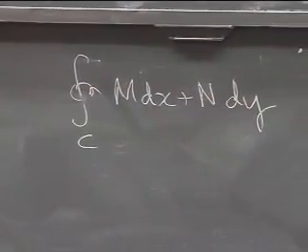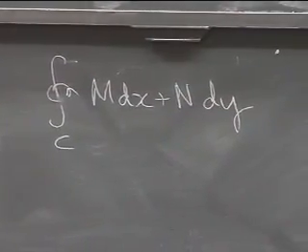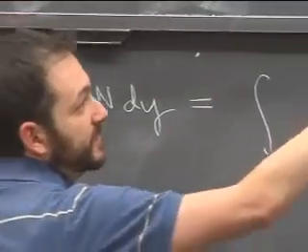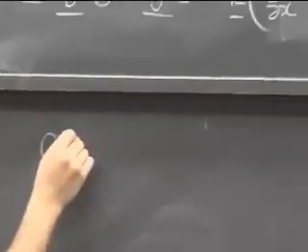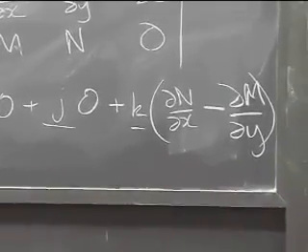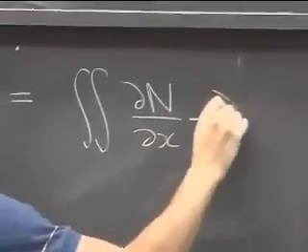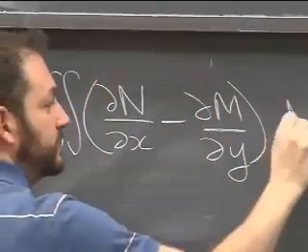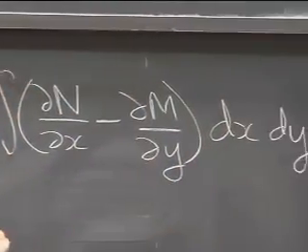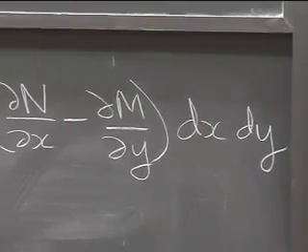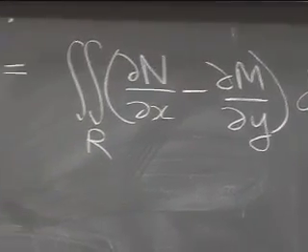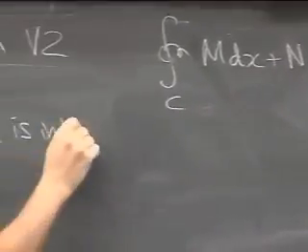The line integral that we've just looked at in the plane is equal to the k component of what we've just got, dN/dx minus dM/dy, the double integral dx dy over a region R. And what is R? R is the interior of C.